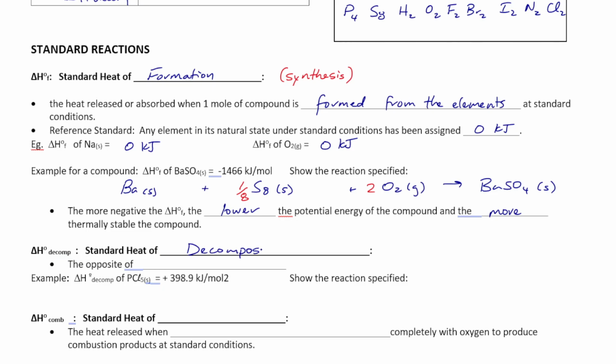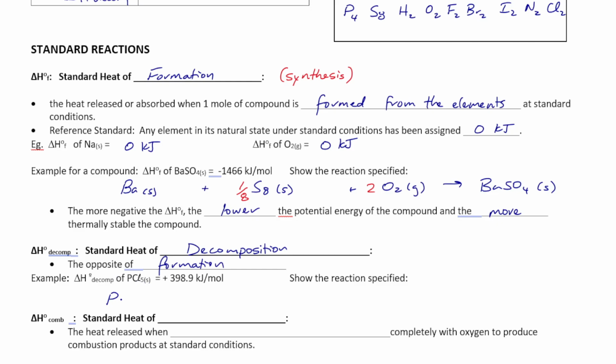And you might recall decomposition is just the opposite of synthesis, or in this case, since we're using the word formation for synthesis, we'll say the opposite of the formation reaction. Okay, I notice right here there's a 2, there shouldn't be a 2 there, so I'm just going to delete that. Okay, so let's write a decomposition reaction for PCl5.